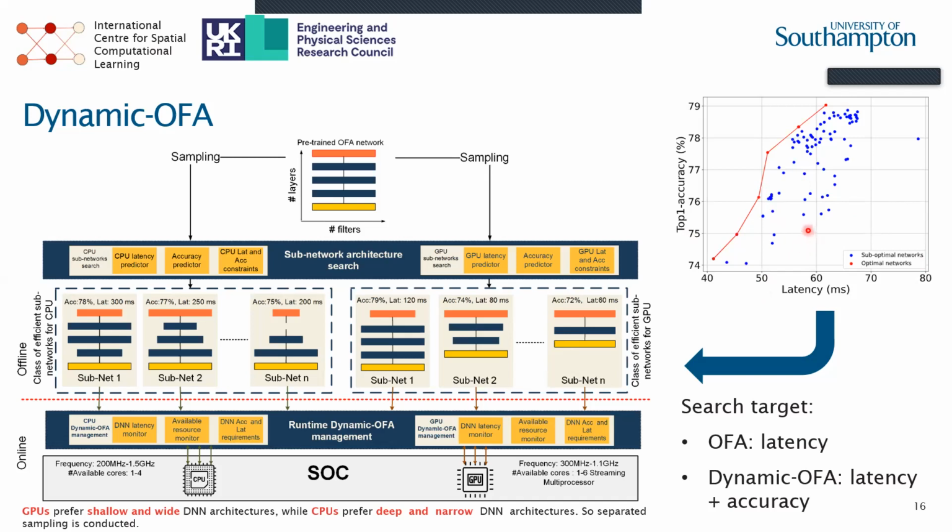So if we really want to find a model with high accuracy, we first of all need to introduce accuracy as a constraint in the search algorithm, and also we need to change the search space for this high accuracy region.